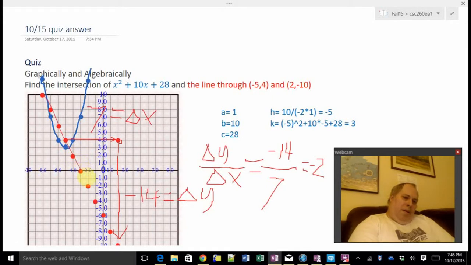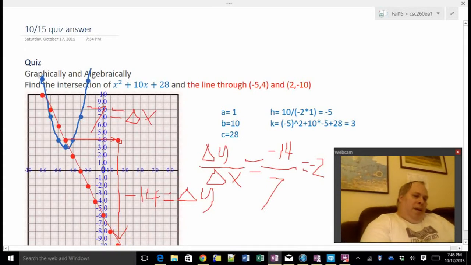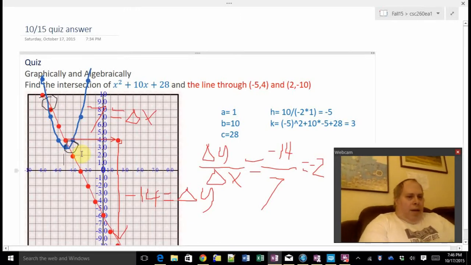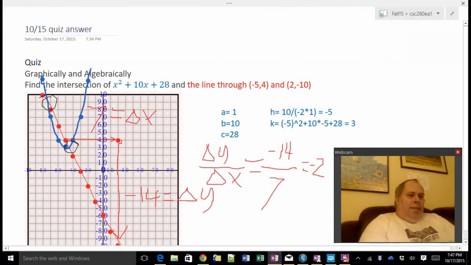And as you see, my stylus is not beautiful, but that gives me an idea that my answer is going to lie somewhere around here and here. And this guy down here is going to look like a little more than 3.